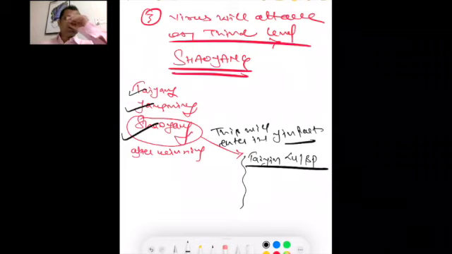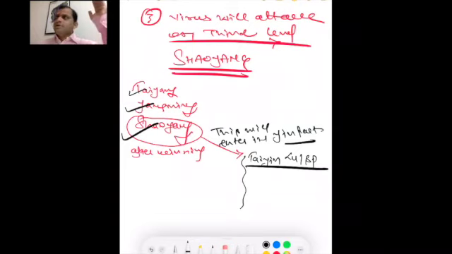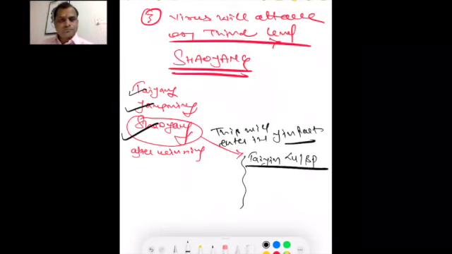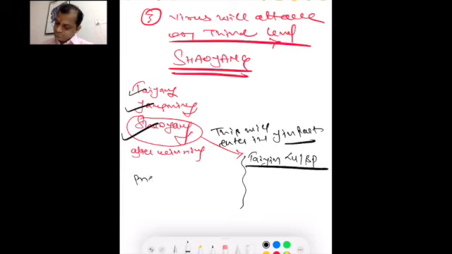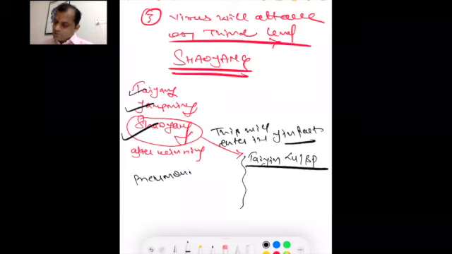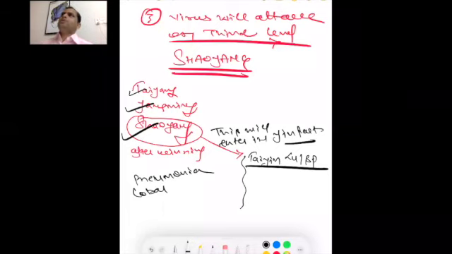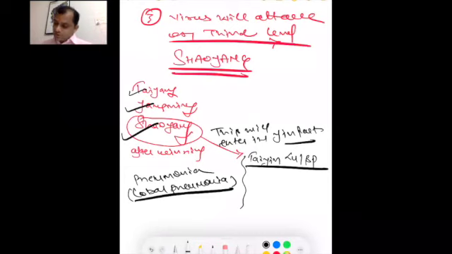As soon as it attacks the Tai Yin, it means the virus has entered a very deep level. Now the patient will suffer with multiple complications like pneumonia, or we call it lower pneumonia, because most of the time the lower lobes of the lung are affected. Shortness of breath.